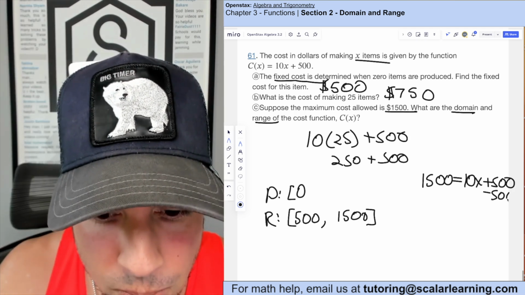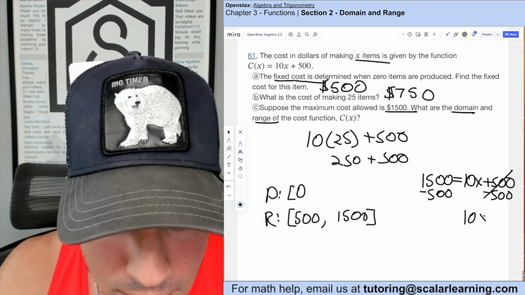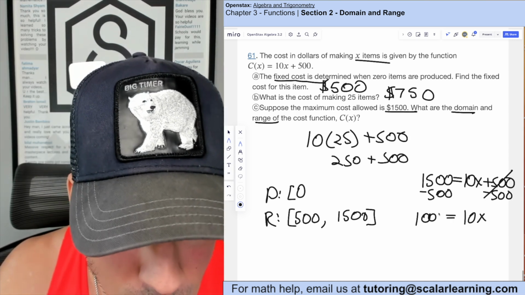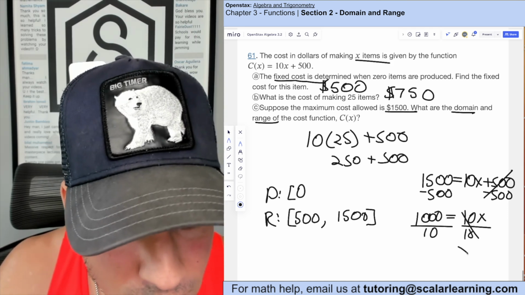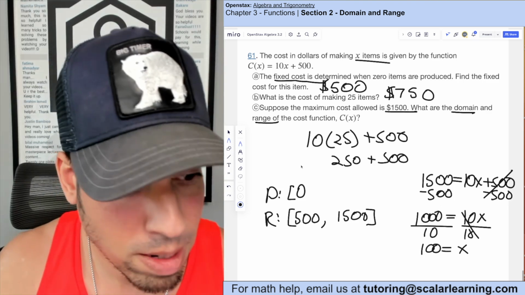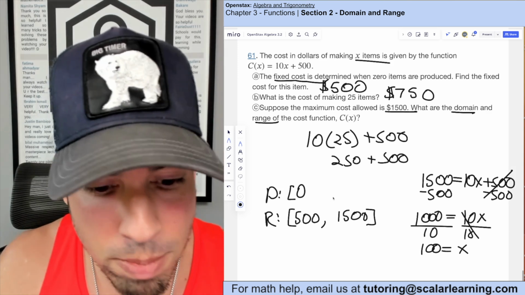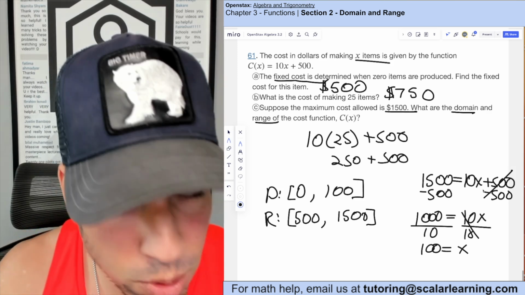So we're going to isolate. I'm going to subtract 500 from both sides. Boom. We get 10x equals 1,000. Then we're going to divide both sides by 10. We get x equals 100. So that's the max amount of items I can make. That's my max domain value, max x value. So we go 0 to 100, inclusive, boom, done.